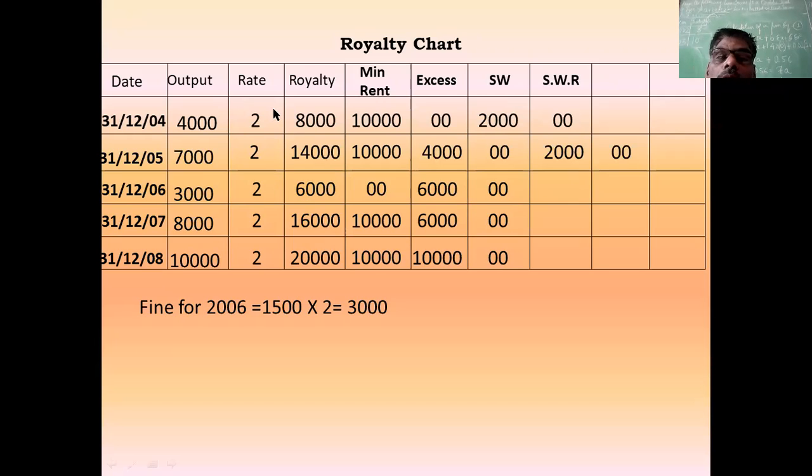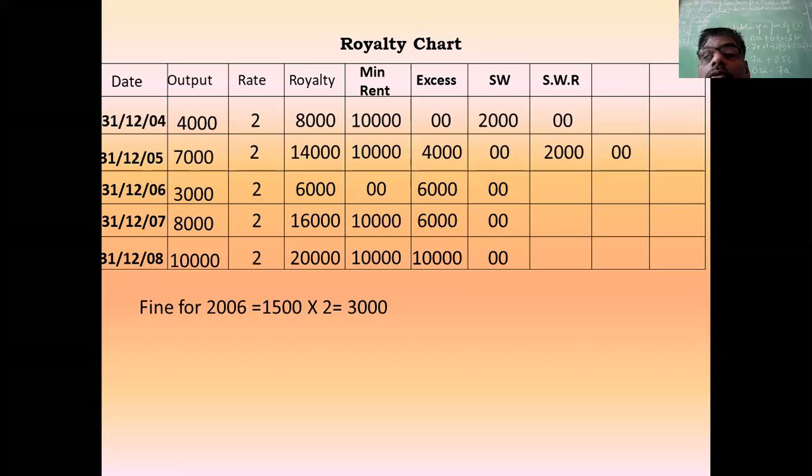6,000 is the royalty for the year 2006. In the year 2006, 6,000 is the royalty. Minimum rent is not applicable. There is no short working, and 6,000 is the amount payable to the landlord. Out of this 6,000, the author has to pay the penalty.